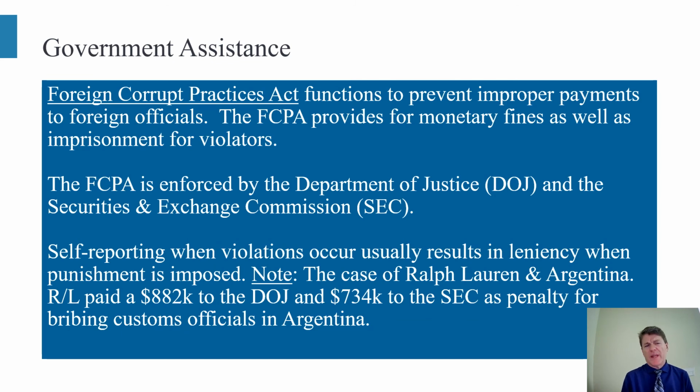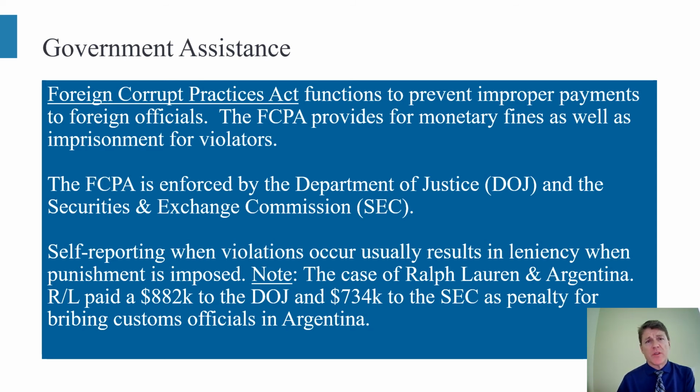When we're looking at the Foreign Corrupt Practices Act, this is a unique body of law in the United States. Normally, any type of law is only operational and enforceable for the country that enacted it, and the Foreign Corrupt Practices Act is an exception to that. Here in the U.S., we're not allowed to bribe government officials or anybody as an inducement to contract or to get some kind of benefit or arrangement.